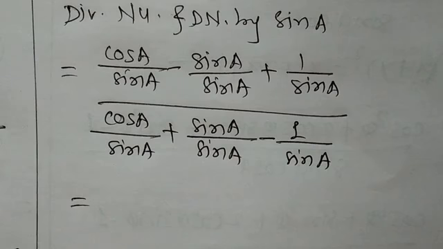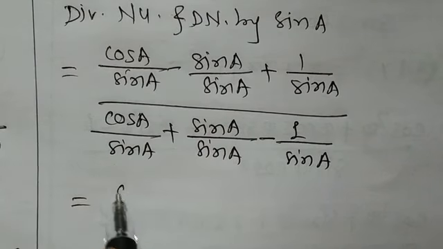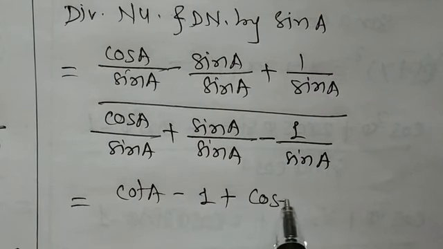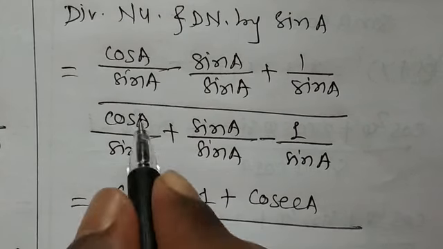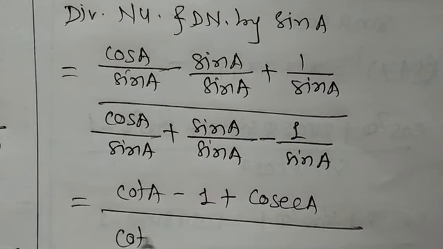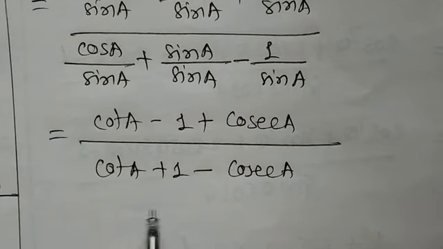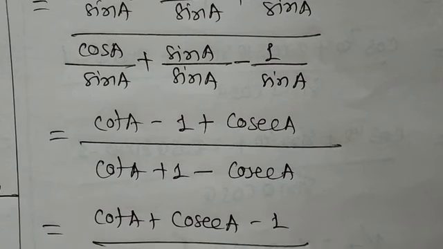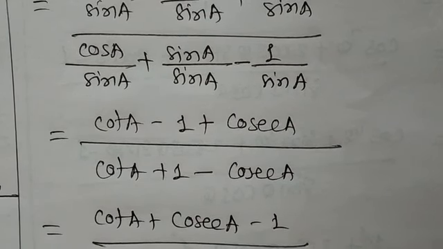Now solve this. Cos A by sin A is cot A, so we get cot A minus 1 plus cosec A upon cot A plus 1 minus cosec A. Then I can write cot A plus cosec A minus 1 upon cot A minus cosec A plus 1.